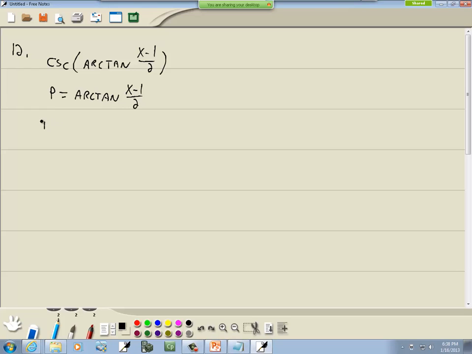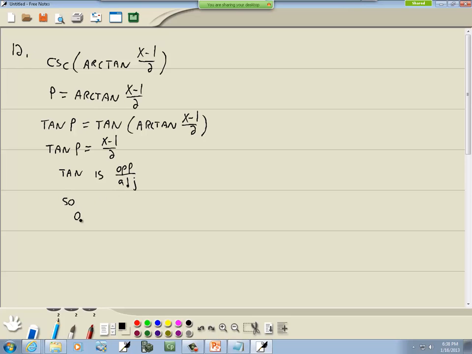We'll take tangent on both sides. So we got tangent p is equal to tangent of arc tangent (x minus 1) over 2. Now tangent and arctangent cancel each other away, so we got (x minus 1) over 2. Tangent is opposite over adjacent.